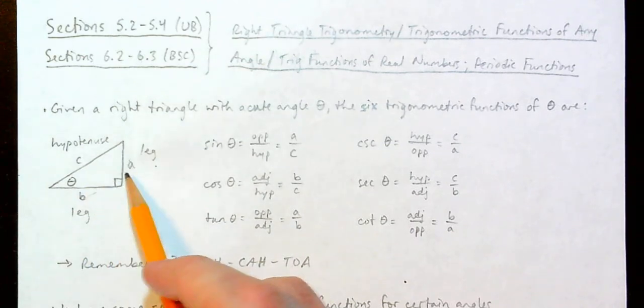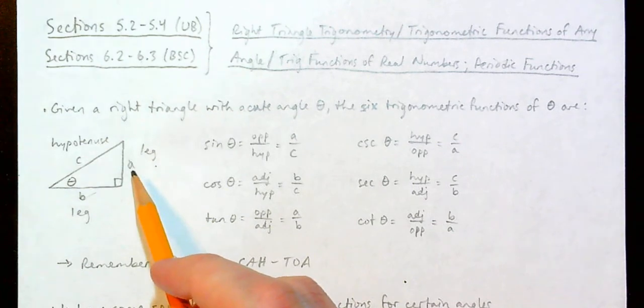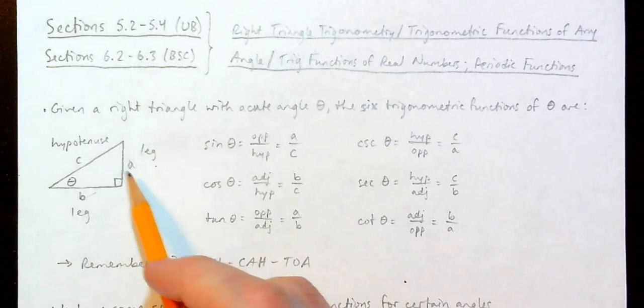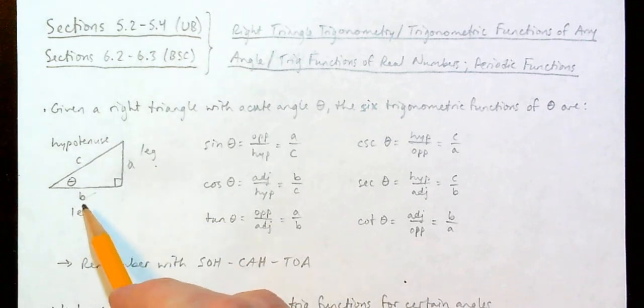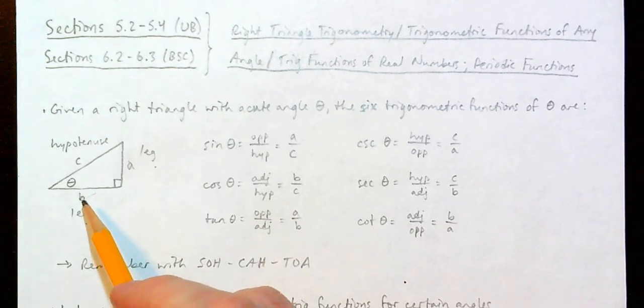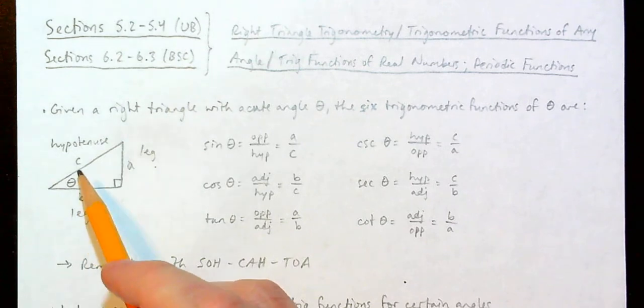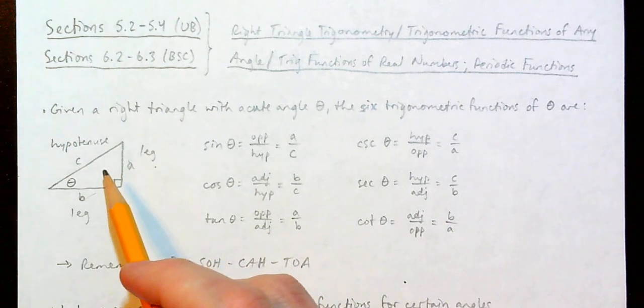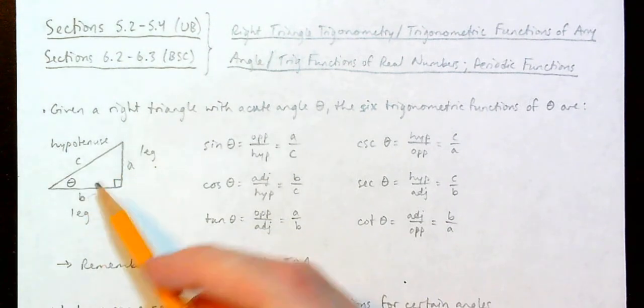This leg A, this is the leg opposite theta. And then this leg B here, this is the leg which is adjacent to theta, aka next to it, because it is the side that is right next to where theta is, and then obviously our hypotenuse, the longest side of a right triangle.